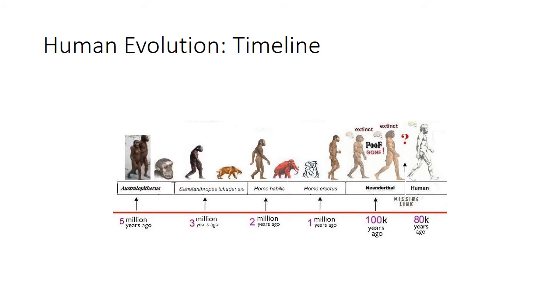And then there were several extinct forms that definitely belong to genus Homo, and they were classified by paleontologists as Homo neanderthalensis, something like this.